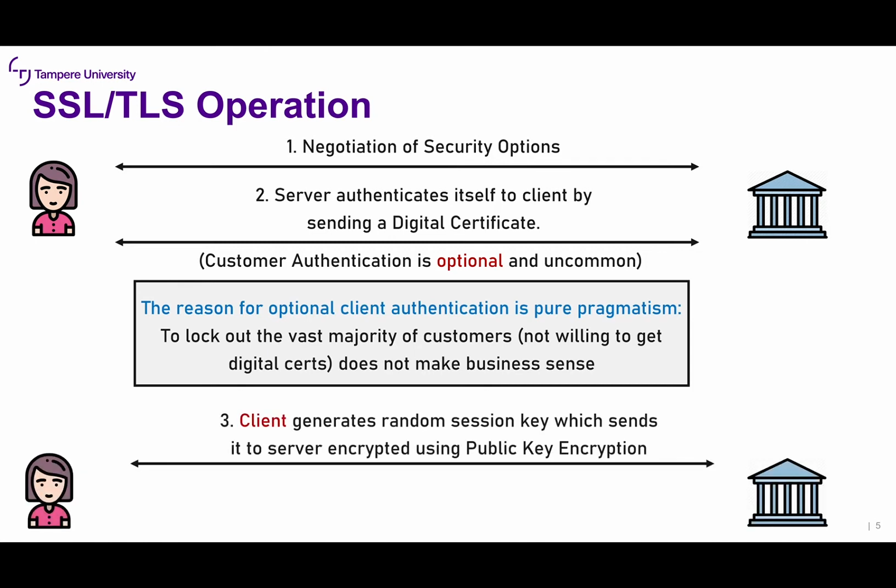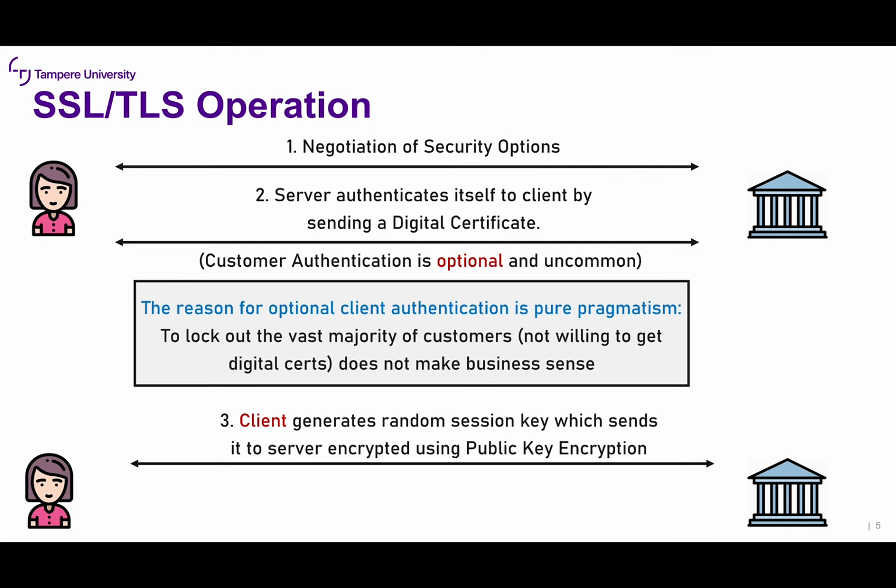Good. Now, after the second phase, we move on to the third phase, where the client basically generates a random session key, which it sends to the server encrypted using public key encryption. Here we have two things that I would like to mention. The first thing is the obvious, exactly what it says, that Alice generates a session key, an ephemeral key that will be used from now on with Trent, with the server, to secure all the ongoing communication between them.